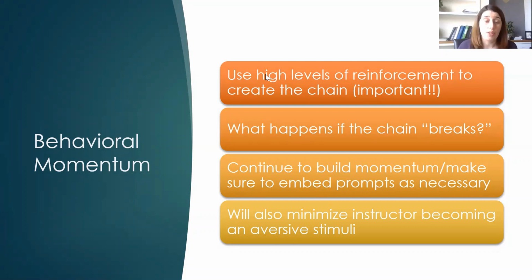So this person came in and played the quote unquote tough guy routine and just required compliance, but maybe didn't provide those high levels of reinforcement that would go with that. So the chances of the student complying the next time for that instructor are pretty low. You want to use these behavioral momentum strategies to increase your reinforcement value with a student, not necessarily minimize your aversive responses to them.